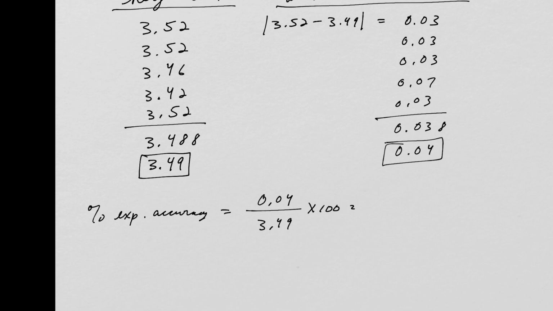In this case, I'll end up getting 1.146%. And remember, the lower the better. This is really a measure of the variability, right? So the lower the percent experimental accuracy means you have less variability. Those 5 values are pretty close to one another.